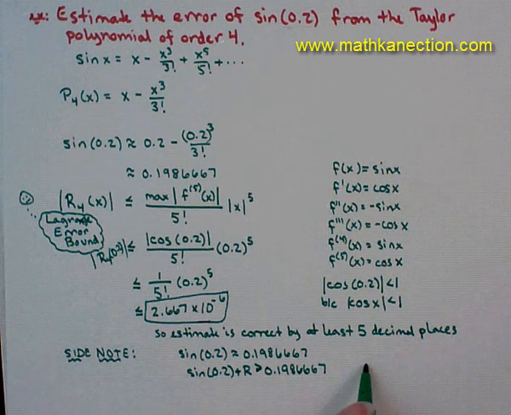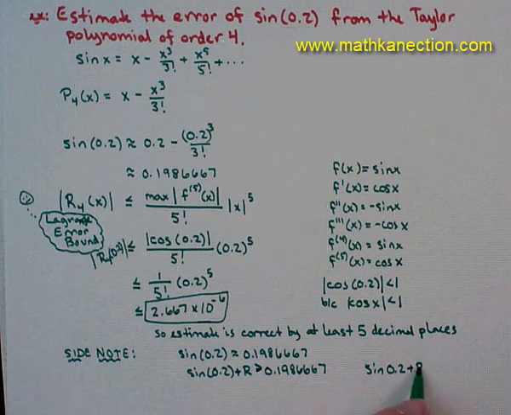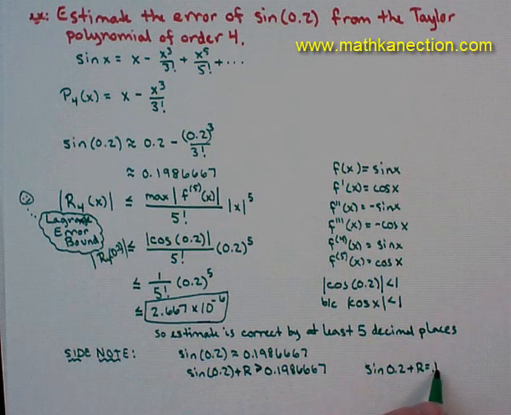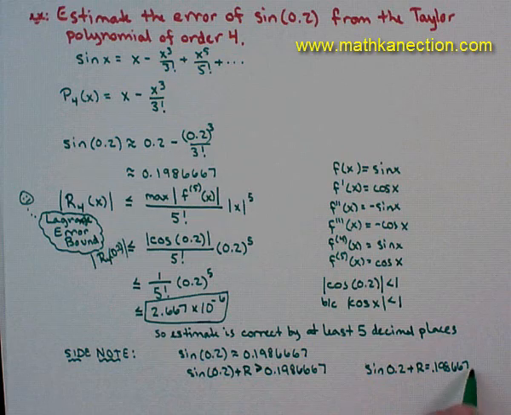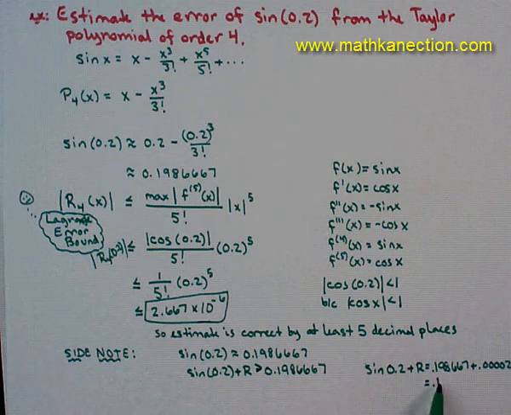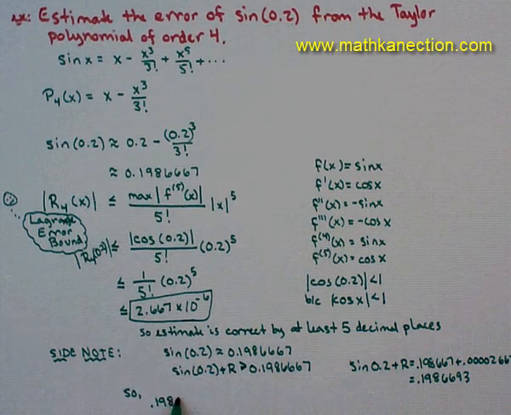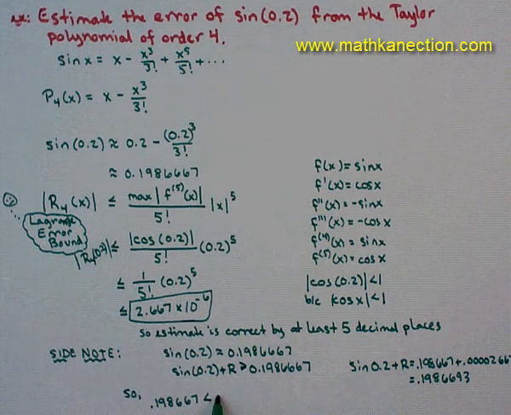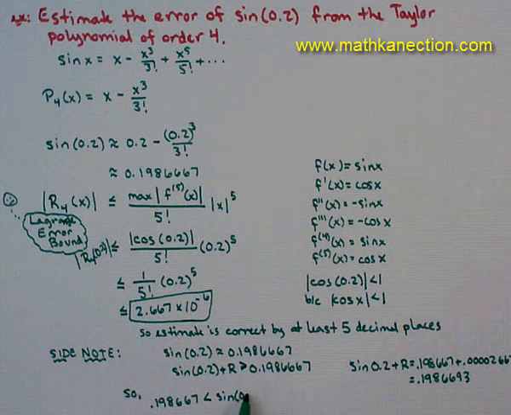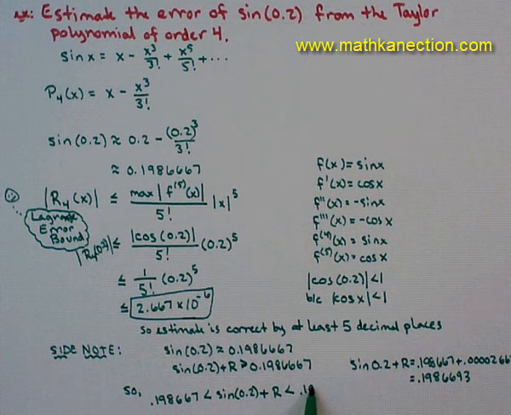And so to calculate sine of 0.2 plus that error, that's equal to 0.198667 plus 0.0000267. Adding those together is equal to 0.198663. So what this means is that sine of 0.2 plus the error has to be greater than 0.198667, but less than 0.198663.